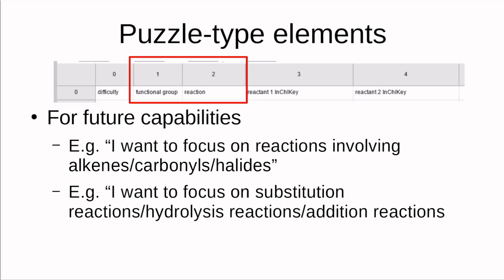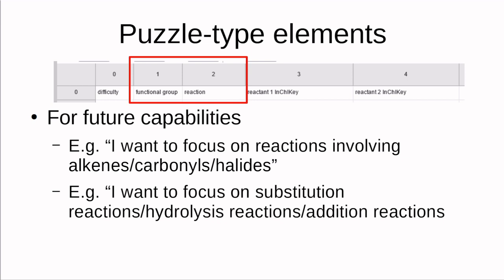So yeah, after the critical elements, there are also the puzzle type elements, I guess we can call that. These don't do anything right now, but I'm planning to use them for future capabilities eventually. So for example, somebody might want to focus their practice on reactions involving a specific functional group, like alkene reactions or carbonyl reactions or halide reactions.